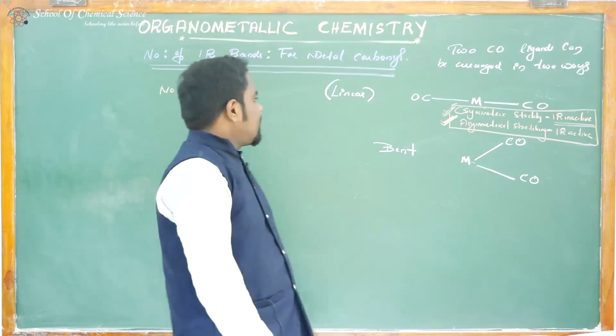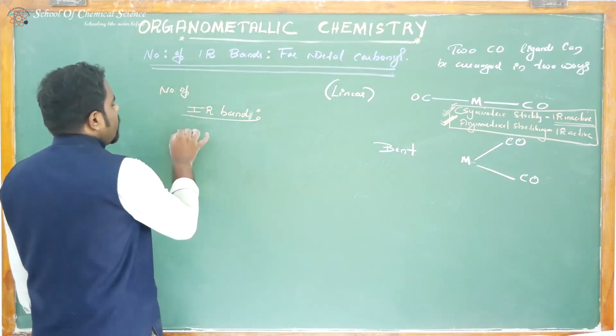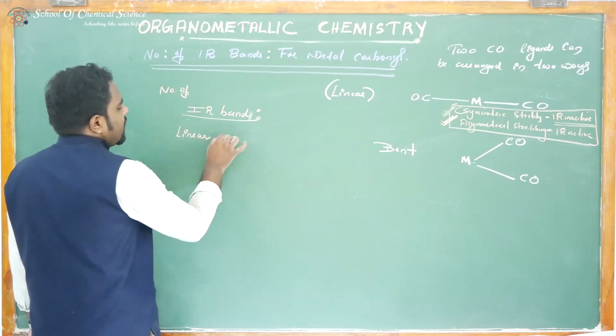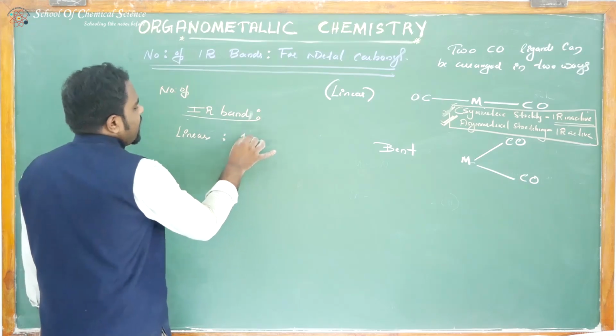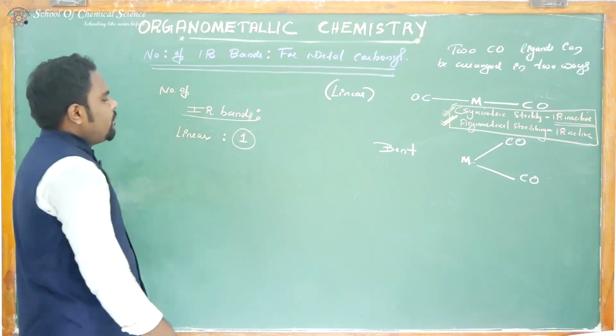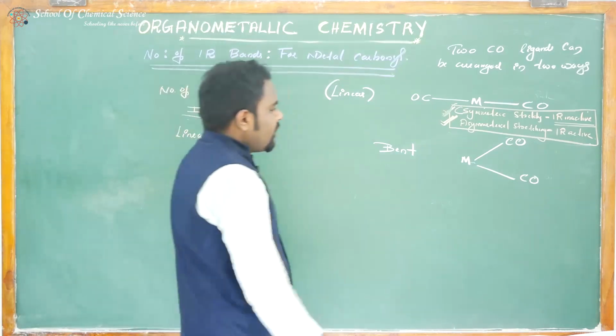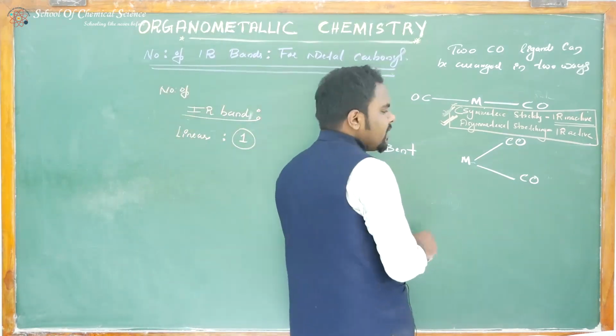So my question, what is the number of IR bands for linear metal carbonyl? For linear arrangement, only 1 band. Then what about bent carbonyl?